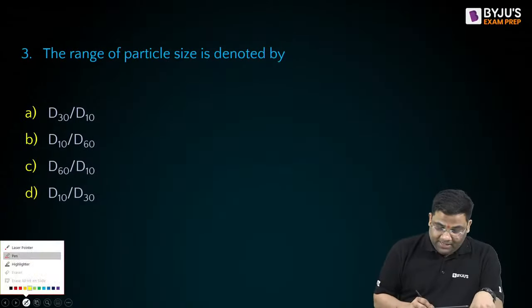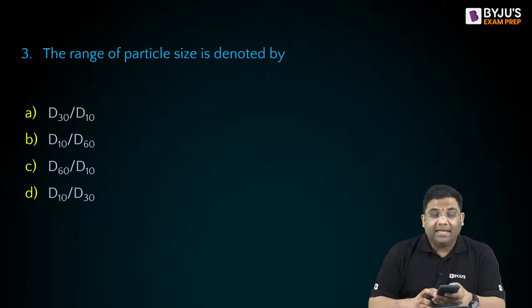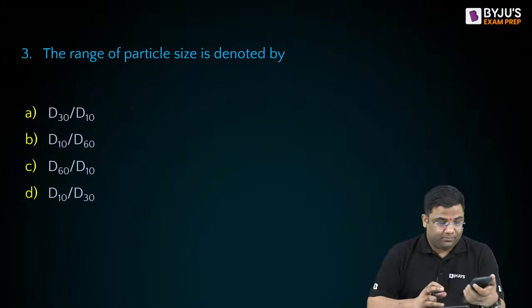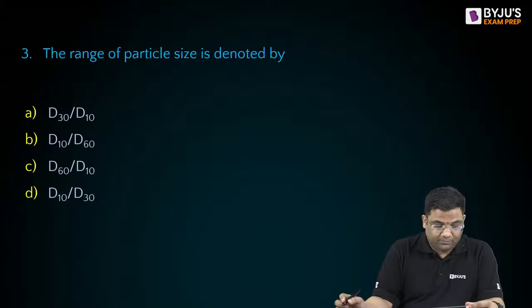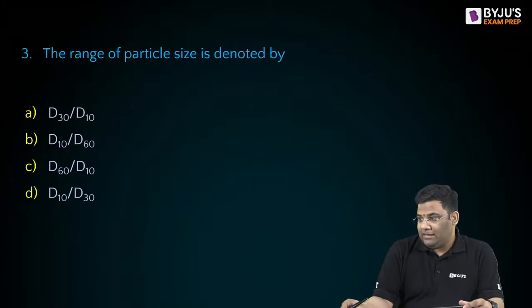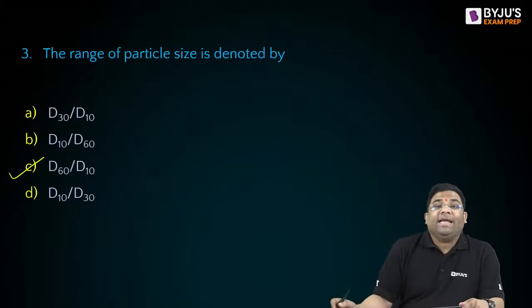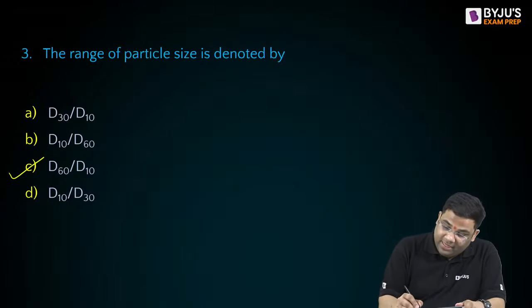Okay, the range of particles is denoted by what? Somebody has answered C. Karthik has answered C. Vivek, Saurabh, Sri. Very good. Yes, this is the range of particles. D60 by D10. What is the other name to this?